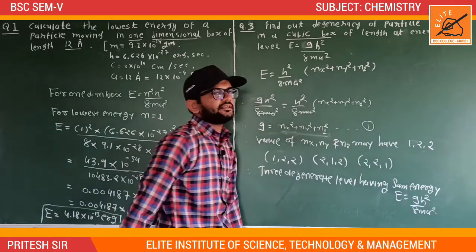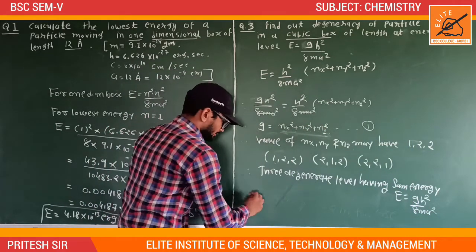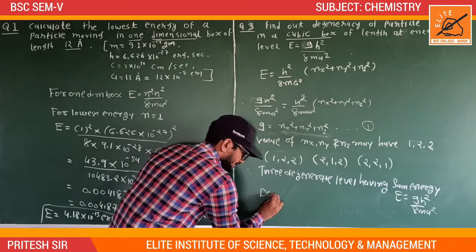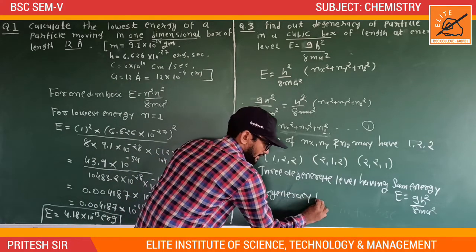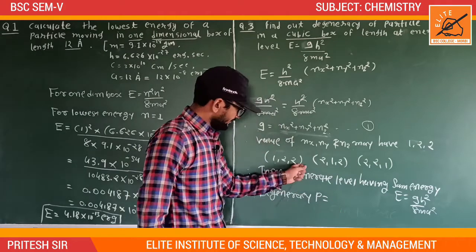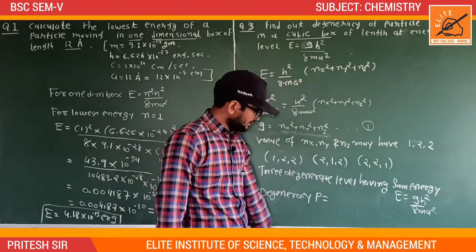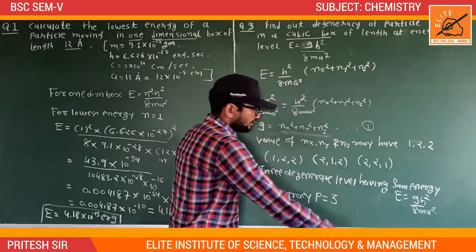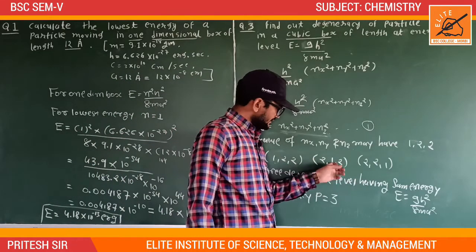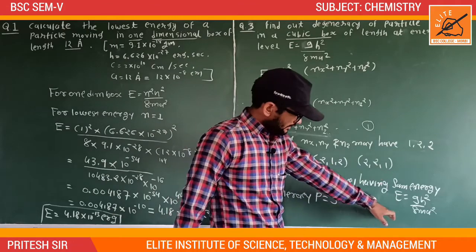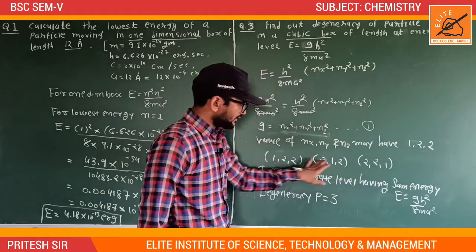So the value of degeneracy P is equal to 3. Okay, so only 3 sets of quantum numbers have a similar energy, but they have different wave functions.